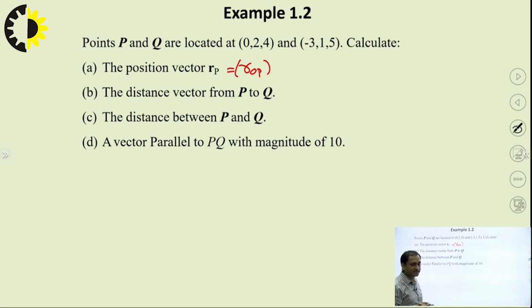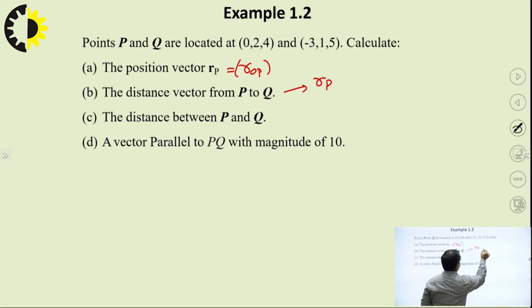As I said, these points are given: 0, 2, 4 and minus 3, 1, 5. So the RP will be what? From the origin, it will be 0 AX plus 2 AY plus 4 AZ. Okay? Now the distance vector from P to Q. So from P to Q, what you need to do? You have to find the RP and RQ.